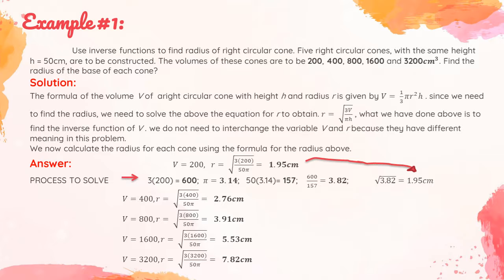So, now, 600 divided by 157 is equal to 3.82. So, kapag in-square root po natin si 3.82, ang sagot po ay 1.95 centimeters. So, that's the answer in radius.